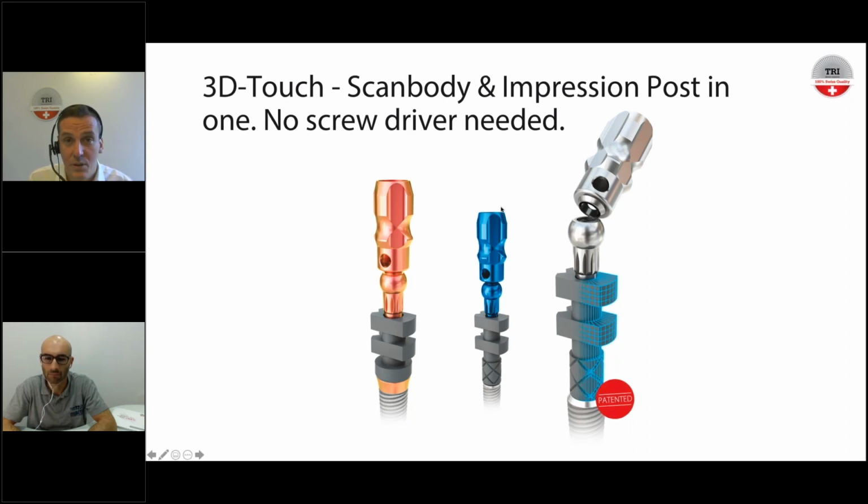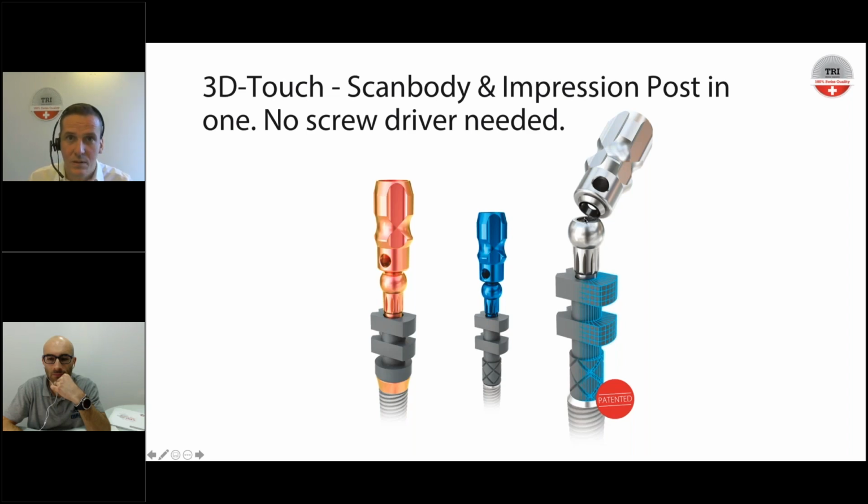So here we can see our 3D Touch scan body, which is basically the combination between two worlds, between the analog and the digital work in your daily business. It's an open tray impression post, first of all, but at the same time it's a scan body. One special thing is that it's without a screwdriver, which is especially helpful in molar regions where you have a very narrow height, and you can use it with this handle, which you can see here in this picture, and tie it in easily.